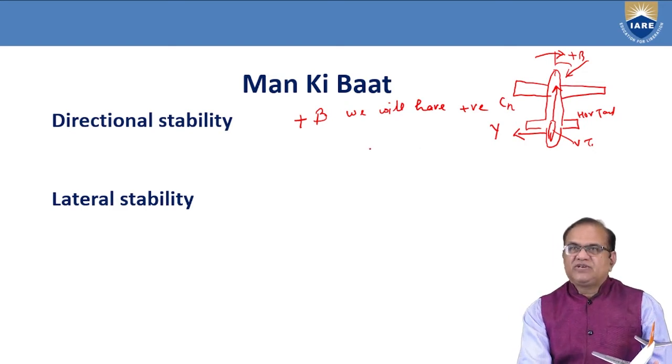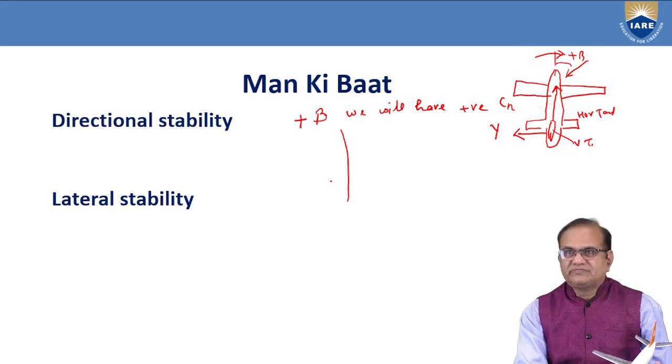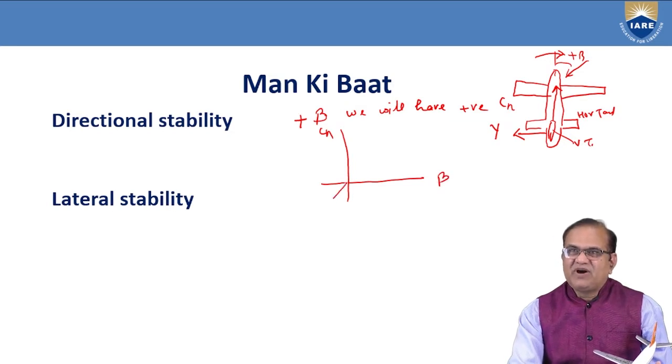This we can see here: if we plot Cn versus beta, it will go like this, positive. This is for stable in yawing.